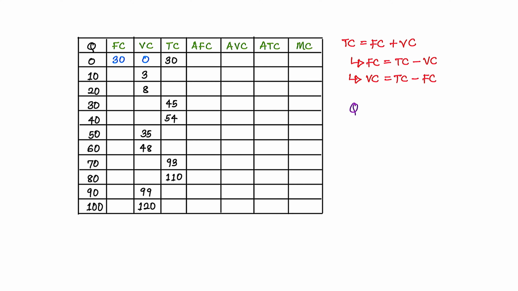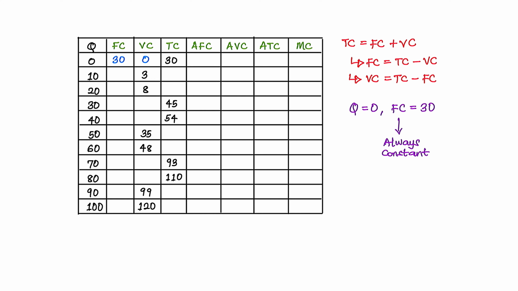When output is 0, we said our fixed cost is equal to 30. An important thing to take note of is that the fixed cost is always constant. That is why it is called a fixed cost. That is, it is a type of cost that never changes.